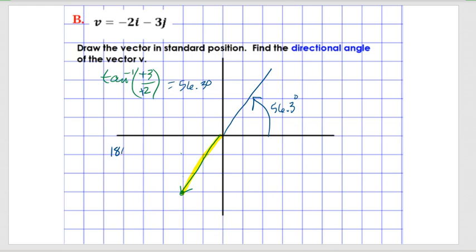Well, this quadrant, the third quadrant, is 180 minus 56.3. Oh, I just did minus and it should be plus. Let's talk about why it's plus. It's because you have this 180 and you're going to add that reference angle onto it. So 180 plus 56.3 is 236.3.